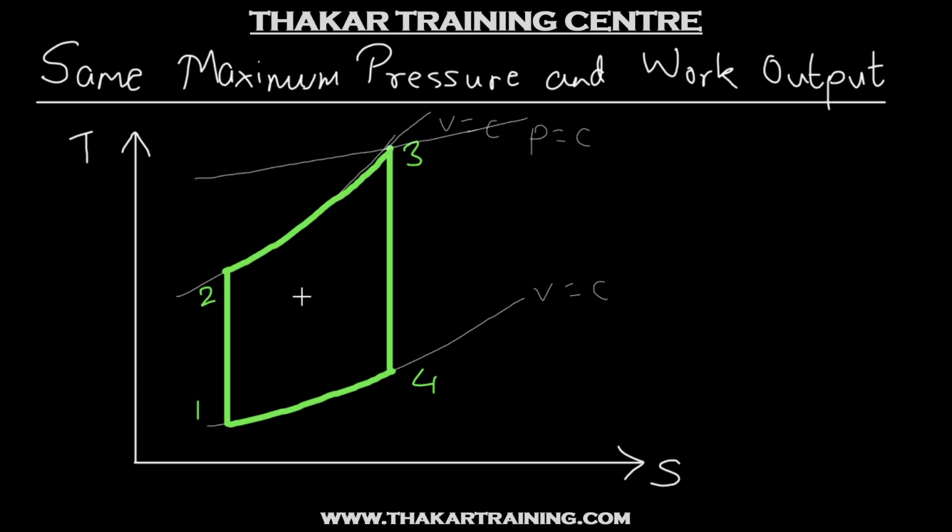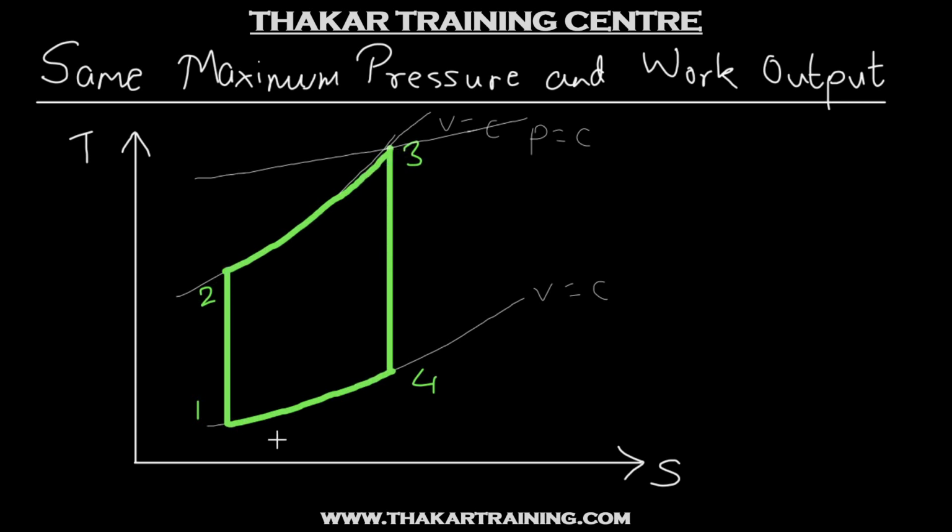Alright. Now this is going to be very much similar as compared to the previous case. In the previous case, what we were doing is we were trying to find out the same heat input, right? We were trying to draw the cycles when the heat input was same. Now here what it wants is same work output. Alright. So the area that is going to be enclosed is this, right? This is the area enclosed. Now previously what we were comparing is the area under the process, right?